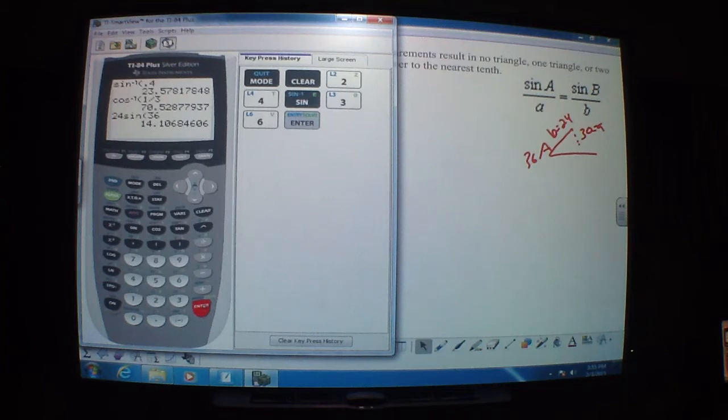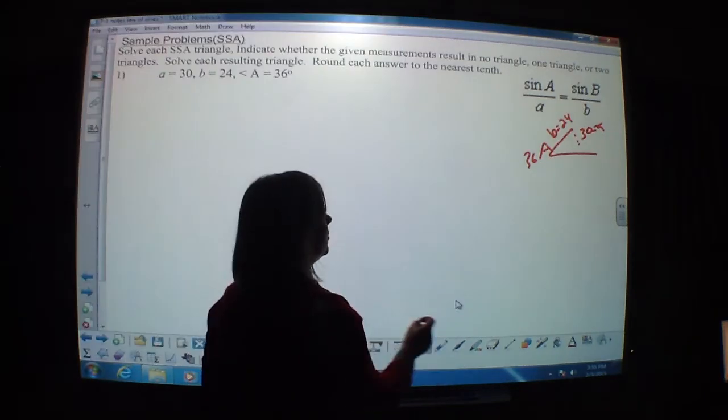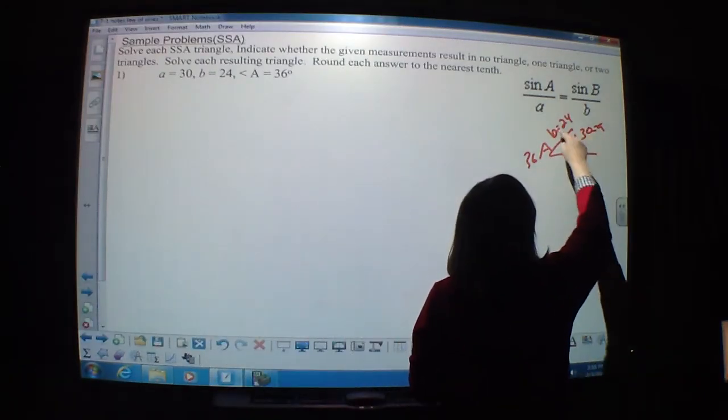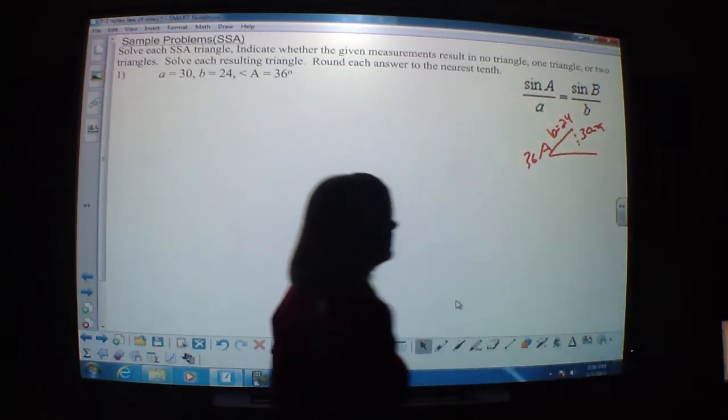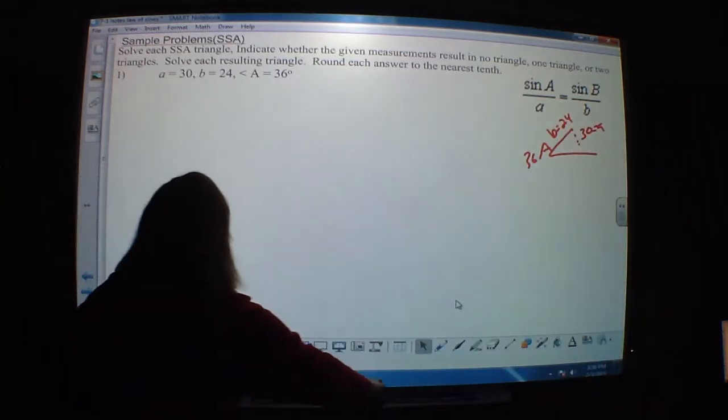But I didn't really need to do all this. It has to be 14 to make a triangle. All you really needed to do was look here, that 30 is greater than 24, so you can only make one triangle that goes out. Okay, so it is one triangle.